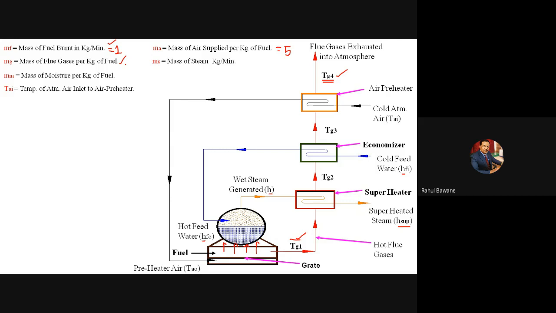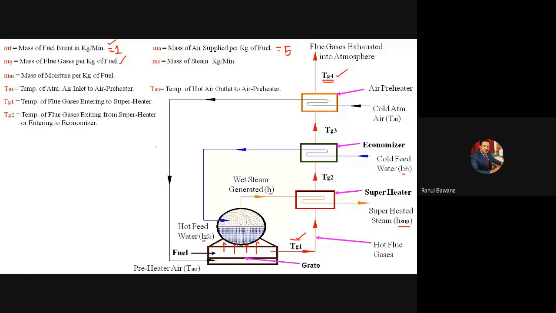Then temperature of atmospheric air at inlet to air preheater, so TAI. Temperature of hot air outlet from air preheater, that is TAO. Temperature of exhaust gases 1, TG1, is the flue exhaust gases temperature entering to superheater or leaving the boiler.